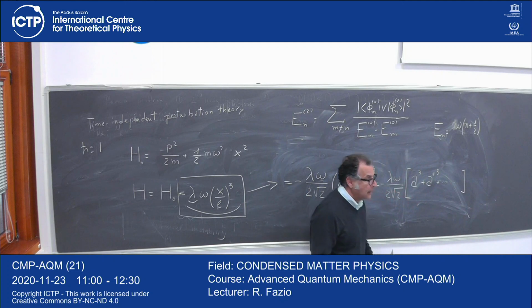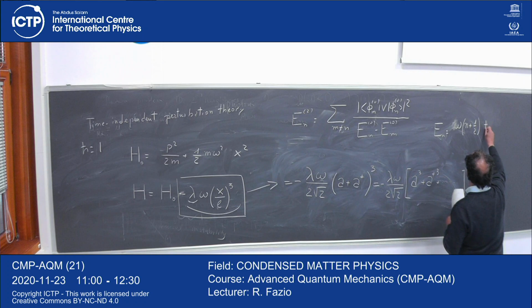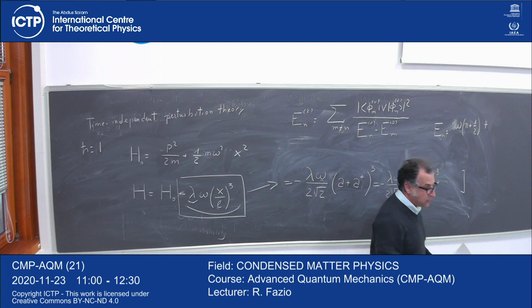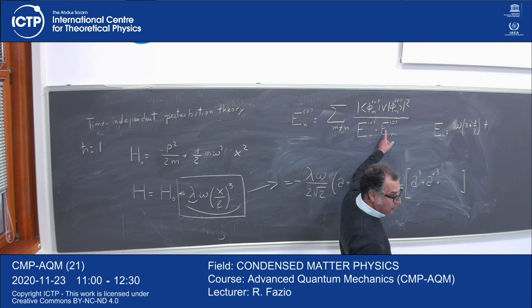Then we said the first order correction is 0, so the thing we have to do is to compute the second order correction.